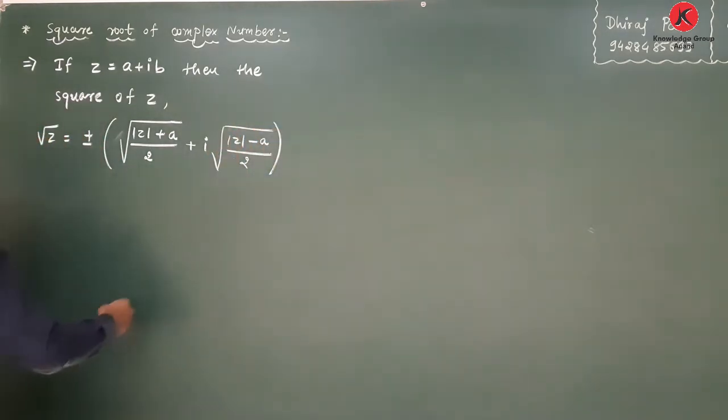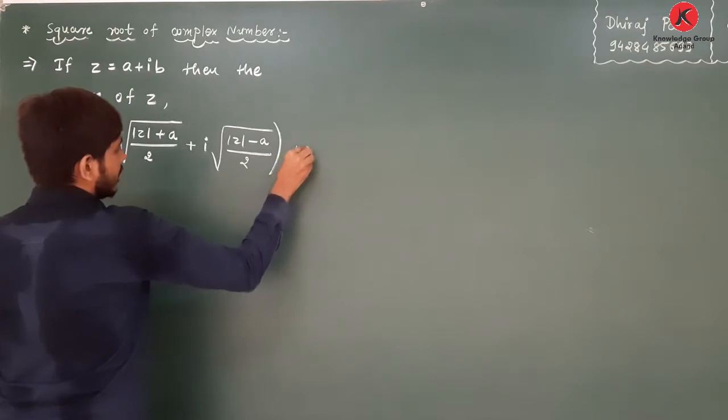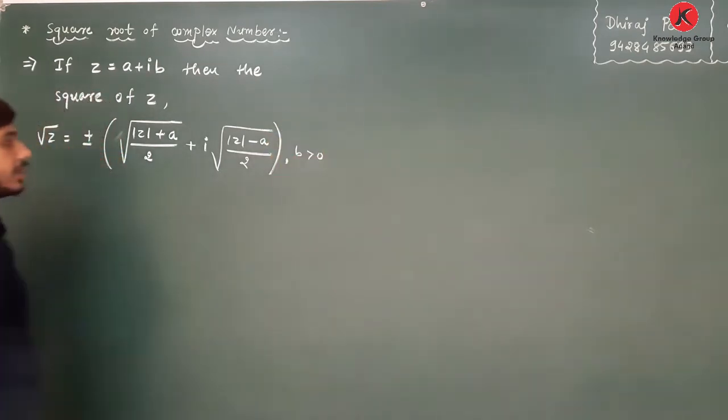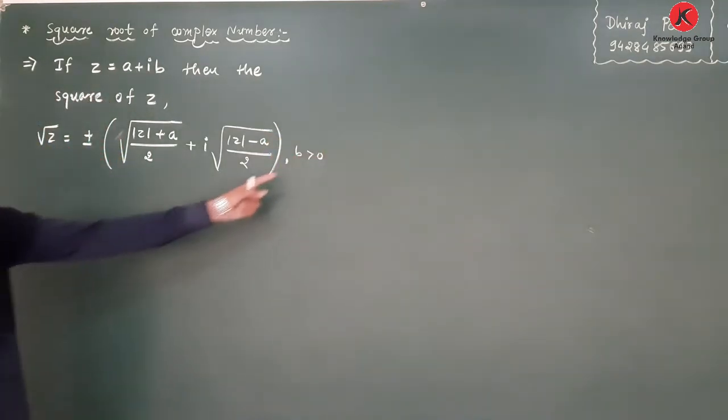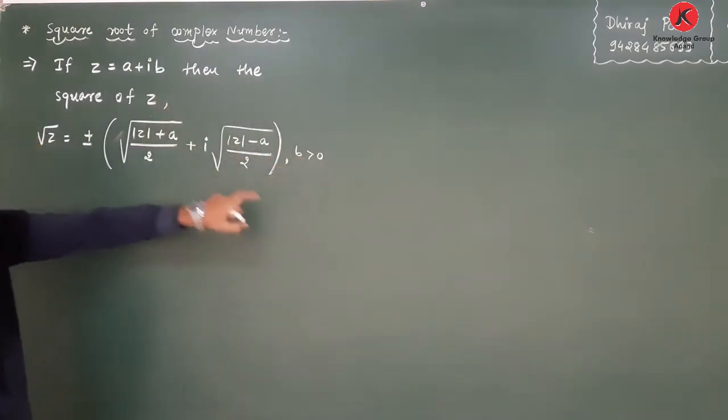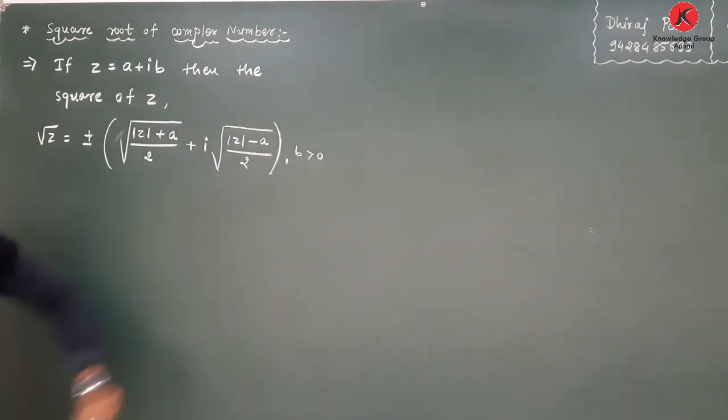The condition is important. The condition is ab greater than 0. That means the imaginary part is positive, then we have to use this formula.